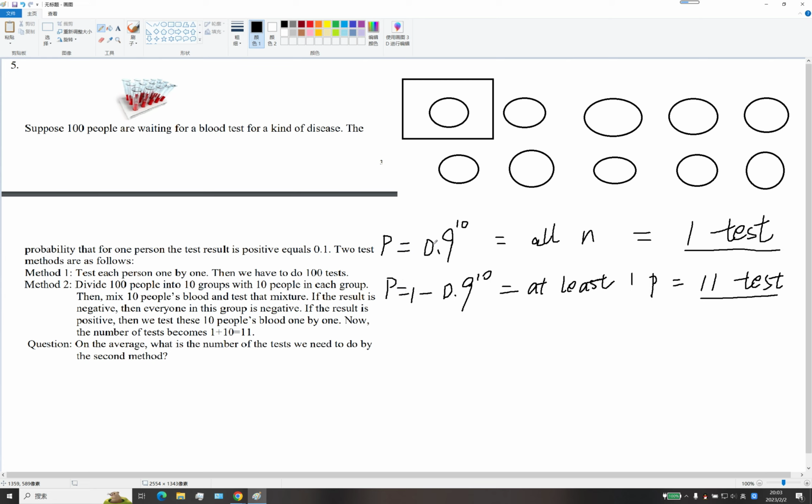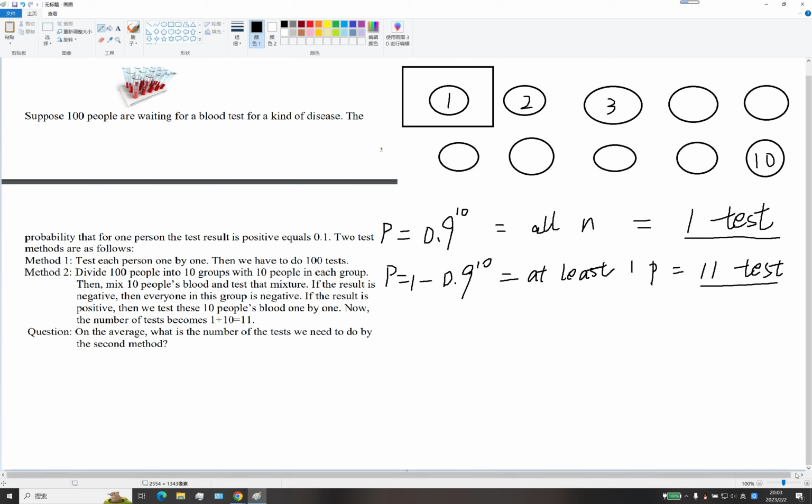Because every single person is independent and also every single group is independent, which means for group 1, if there is one positive in this group, it doesn't influence group 2, group 3, and also group 10. So we can get some situations like this.